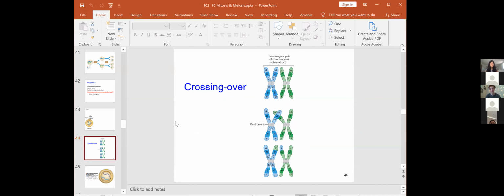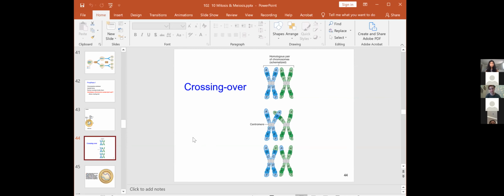When you go to have kids, you're only going to pass on one of those. Which one? Well, flip a coin. But even if it's your father's chromosome number 6 that you pass on to your first kid, your partner's going to pass on the other one. It may not be entirely your paternal chromosome number 6. It's going to have some of the maternal chromosome number 6 information on it as well.